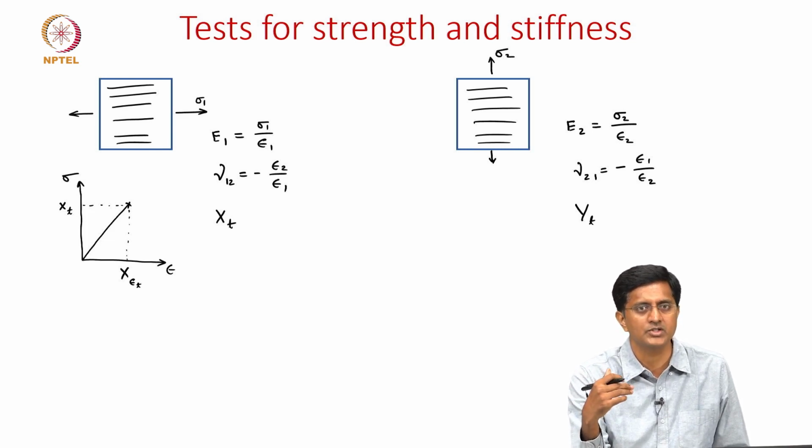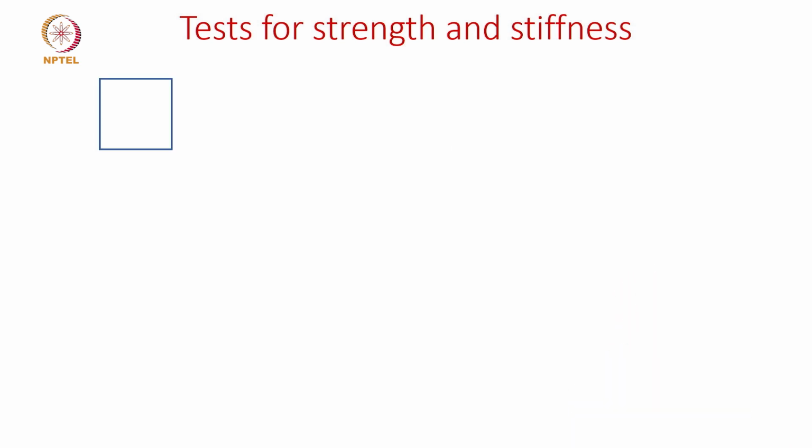So usually people come up with different strategies to apply shear. There are several things you can find in the literature, but here what we'll show is, we'll have this specimen, but this time we'll have the fibers, let's say at 45 degrees, and then apply uniaxial stress. Now we'll call it sigma x, because now we are looking at a body coordinate system.